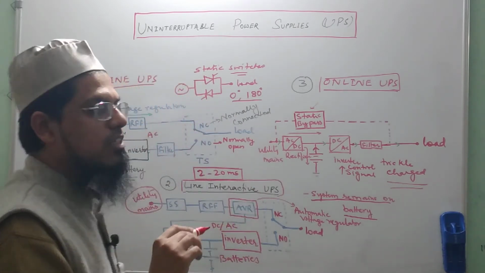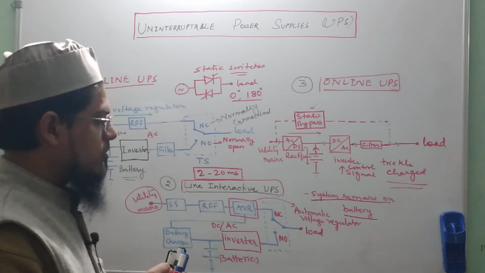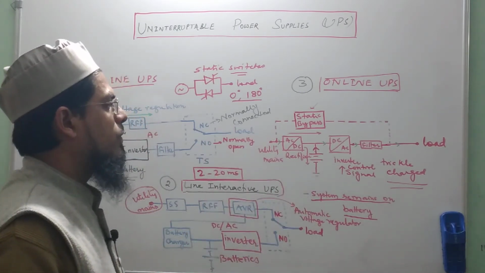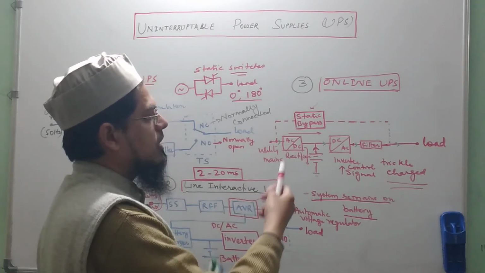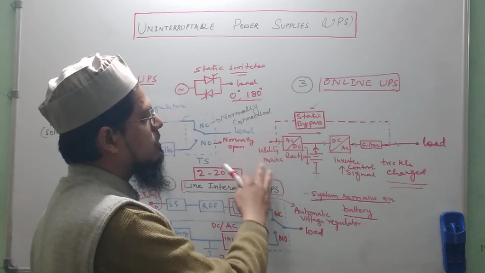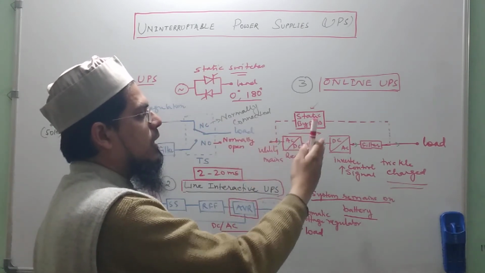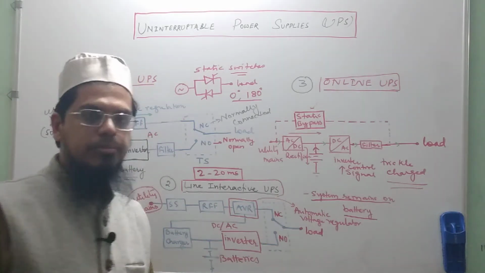That is one of the disadvantages of this online UPS. There is charging and discharging of the battery simultaneously. The other part remains the same, that whenever the utility mains stops providing power, the battery is there to provide the load.